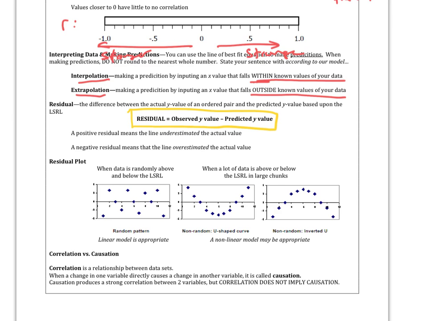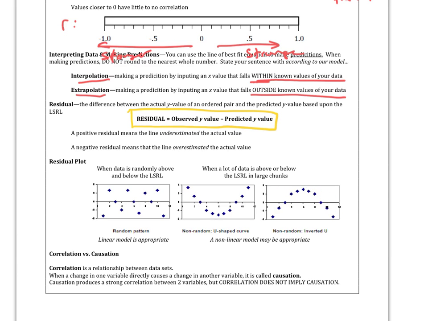There are a couple things we're looking for in the residual plot. If it shows a random pattern, like this first example here, that's a good thing. That means the data is spread out equally above and below the line. But when it's curved, so we get a U shape or an upside down U shape, that means the data does not fit the best fit line very well.